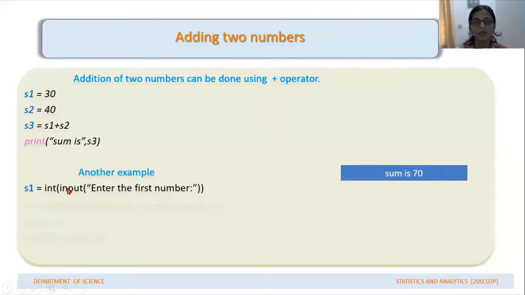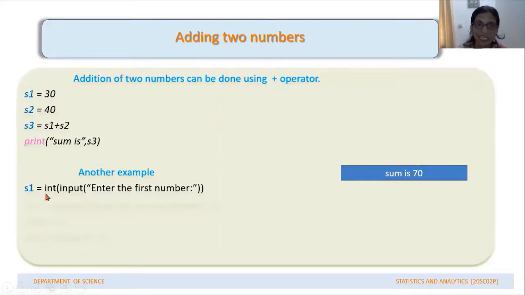Now let us prompt the user to enter the first number using the input function in this way. Along with the input function, we'll have to use the keyword int, because whatever input the user has given, that value should be considered as an integer so that the sum operation can be performed.